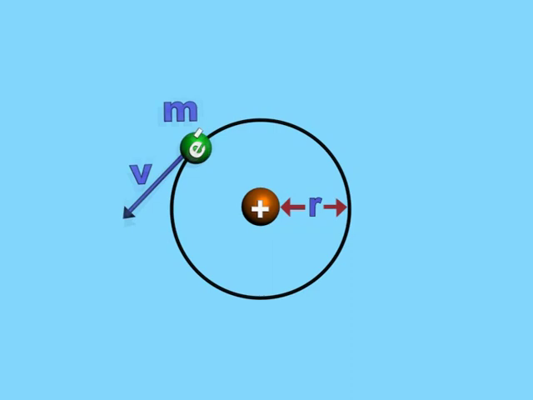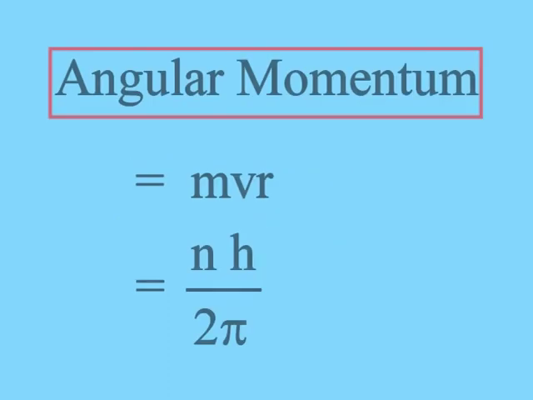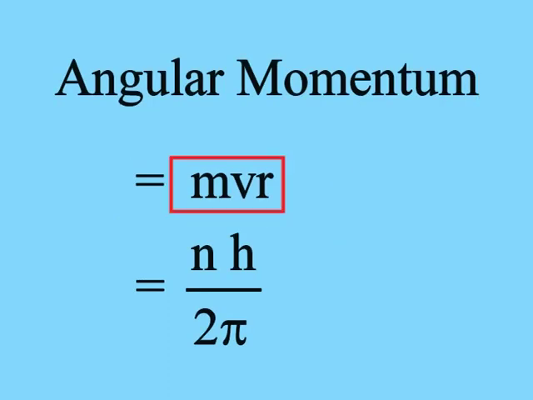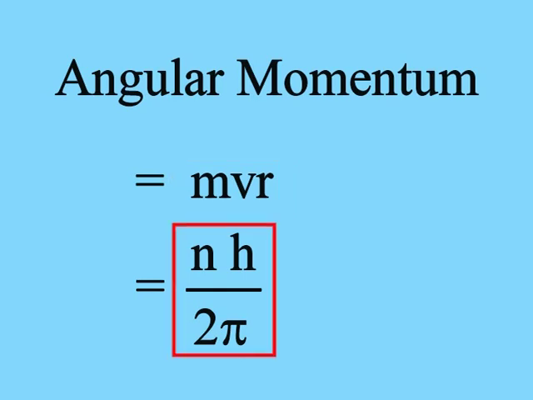Suppose an electron of mass m is moving with velocity v in an orbit having radius r. Then angular momentum will be equal to mvr, which is again equal to nh upon 2 pi.